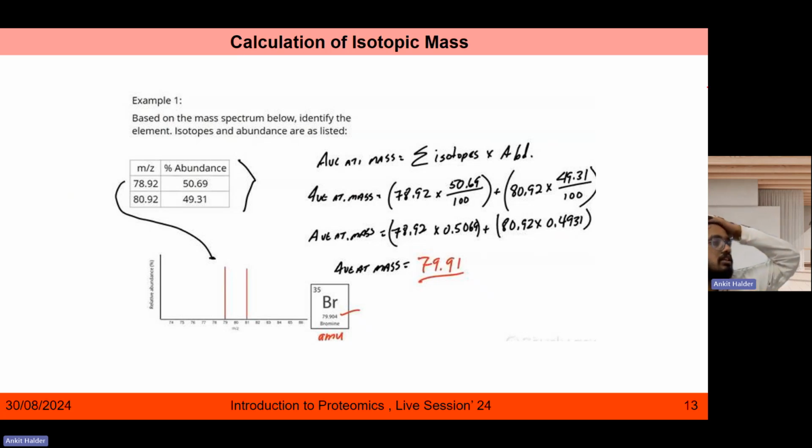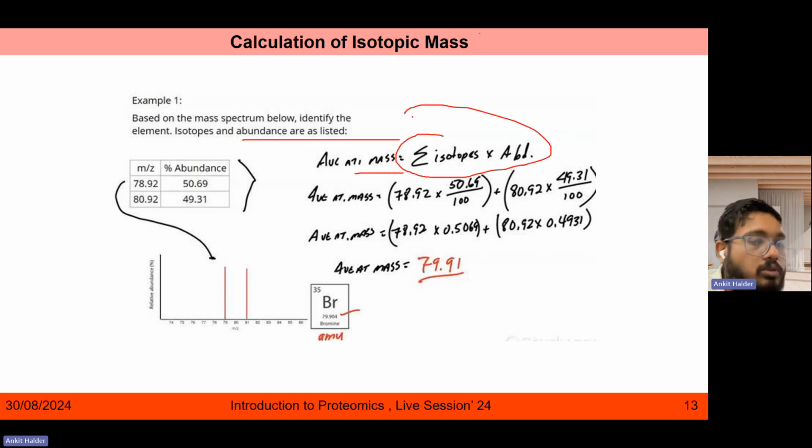Based on the mass spectrum given below, how much isotope abundance do we have? The average mass will be sigma of isotopic mass times the absolute percentage of abundance.